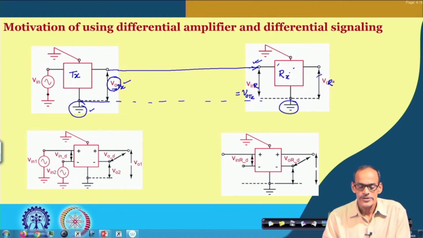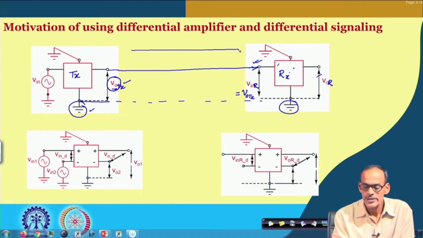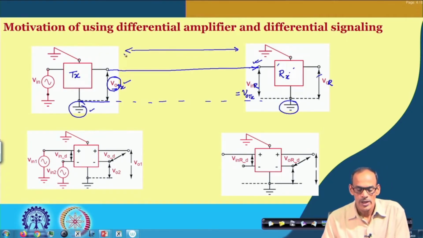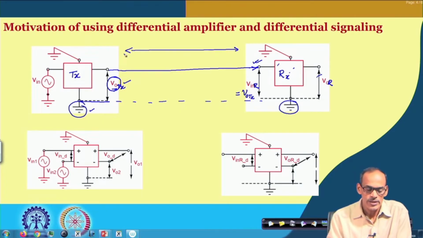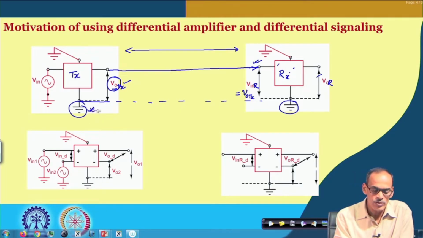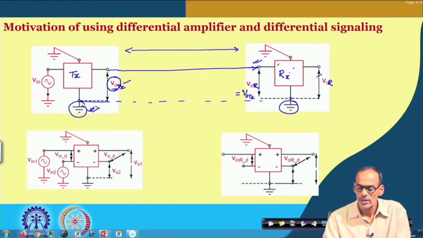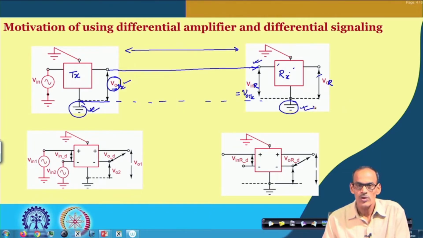Now, the problem starts whenever the spacing between these two blocks is quite large, and there is a chance that the ground of the transmitter circuit and the ground of the receiver circuit are not equal.